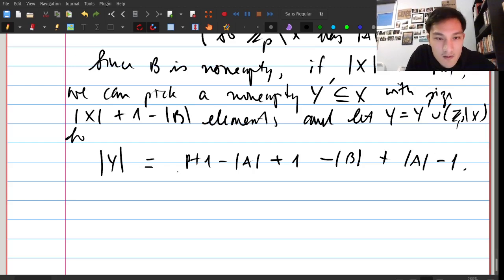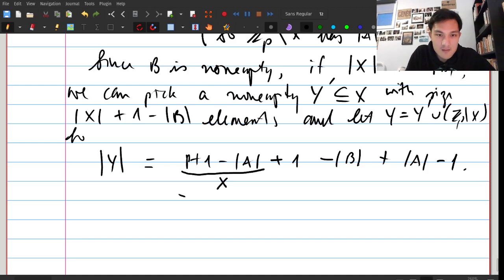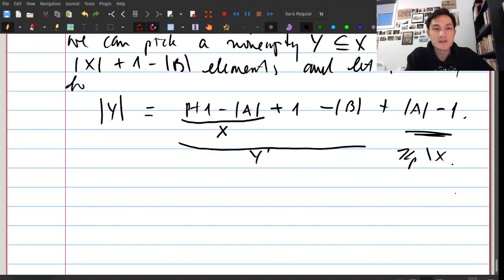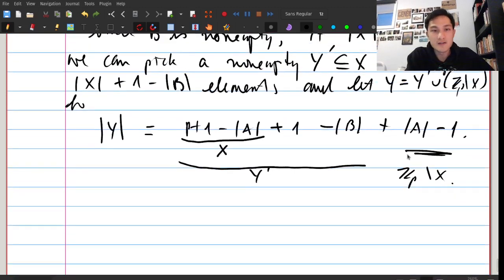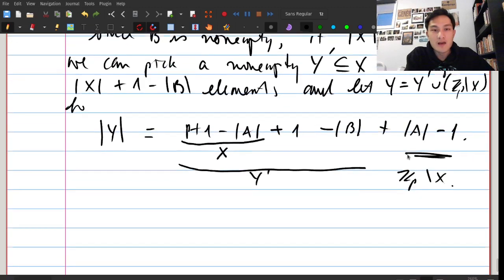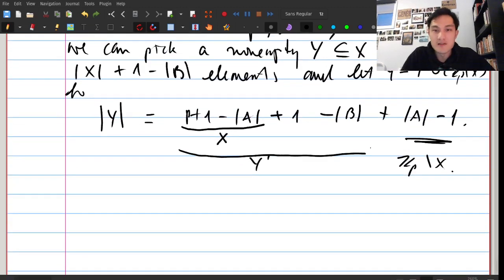This part here is X, this part here is Y prime, and this part here is Z_P minus X. That's the size of Y, and they're disjoint, so we add it all together. Well, these two are disjoint, sorry.